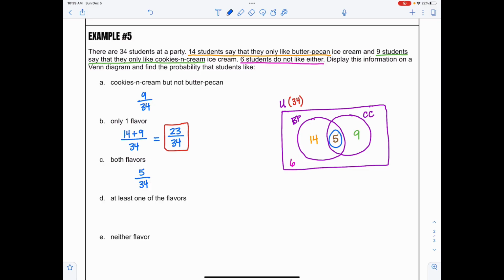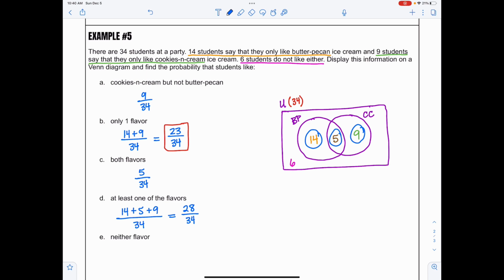And then D says the probability that the students are going to like at least one of the flavors. That means one or more of the flavors. So these 14 students like one flavor. These 9 students like one flavor, and then the 5 in the middle like both of them. So that means at least one. So when I add up all of those, I'm going to have 14 plus 5 plus 9 out of a total of 34. And that is going to give me 28 over 34.